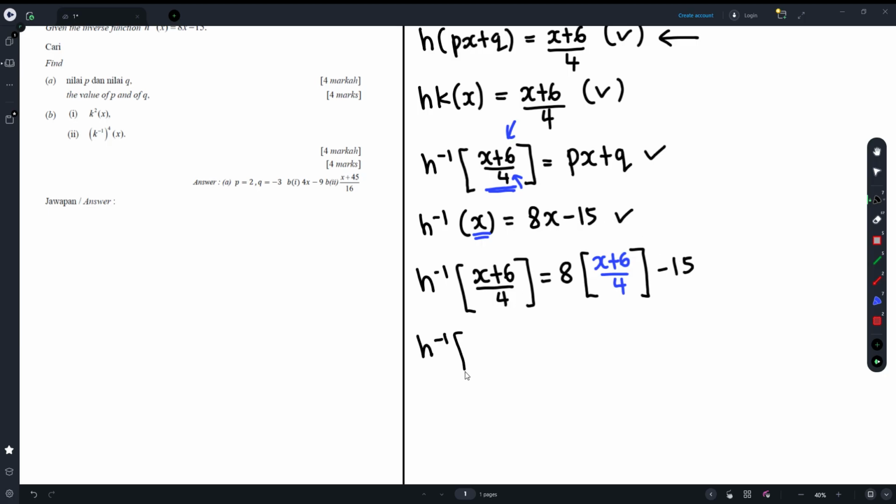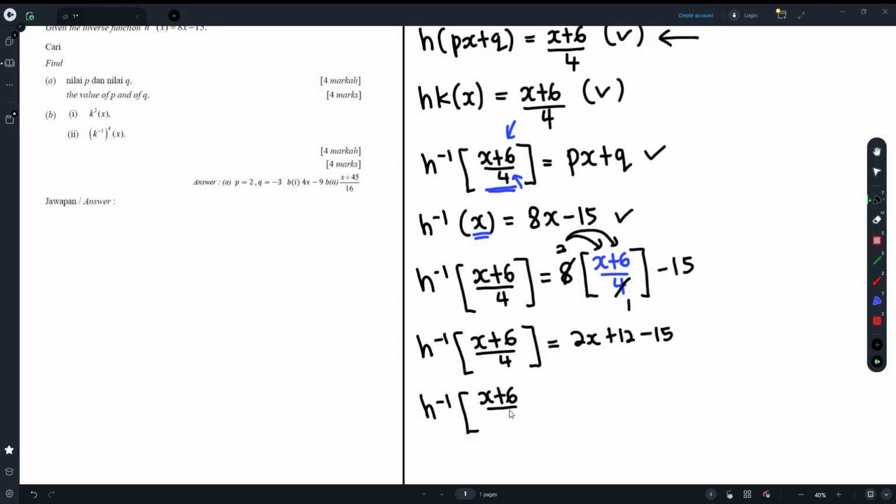So h inverse of (x plus 6) over 4 will be equivalent to, cancel this one as 1, and this one you can put as 2. 2 multiplied inside becomes 2x, and then the 2 multiplied by 6 becomes positive 12, and then you have minus 15. So with that, your h inverse of (x plus 6) over 4 will become 2x minus 3.